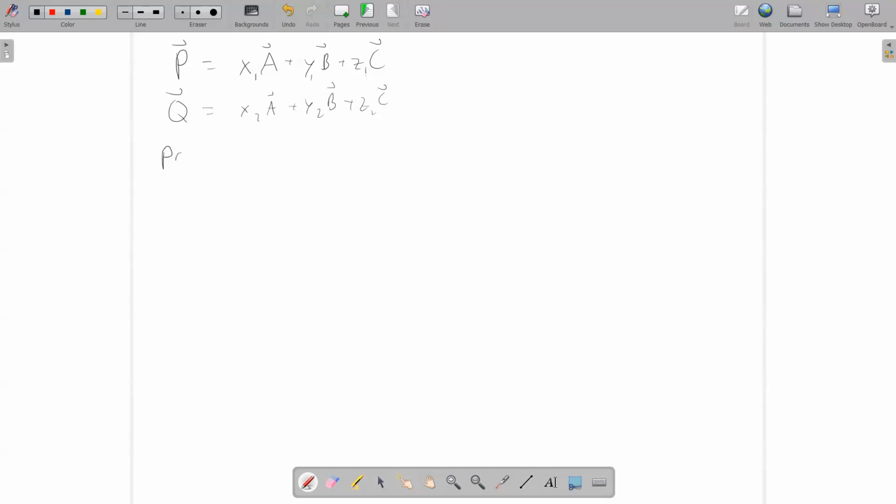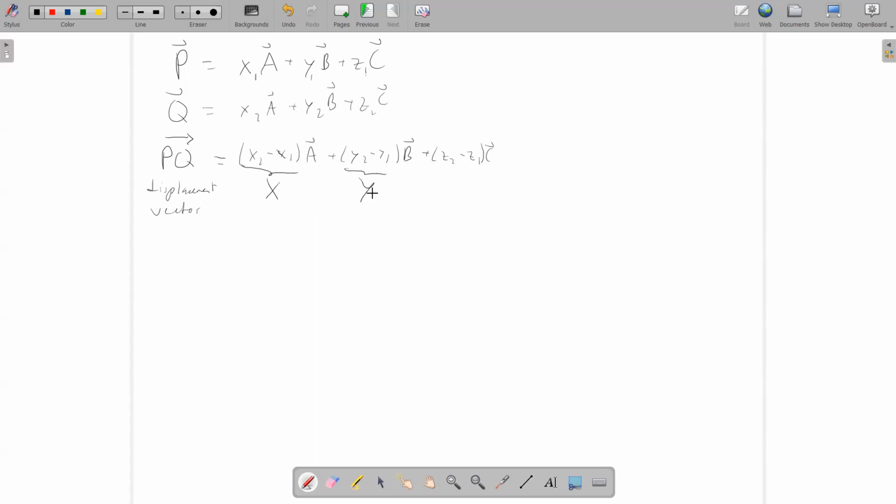So we call the displacement vector PQ. This will equal (x2 minus x1)A, (y2 minus y1)B, (z2 minus z1)C.